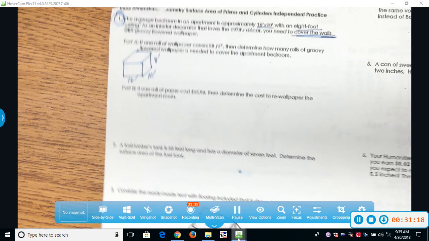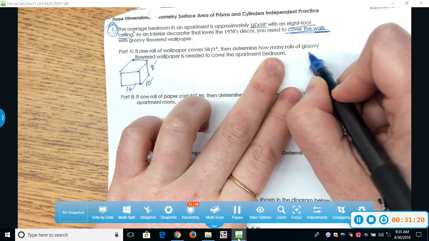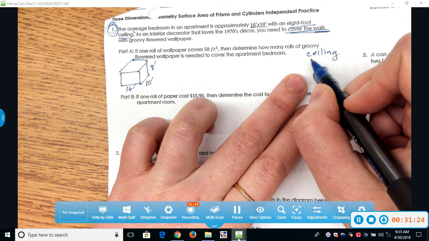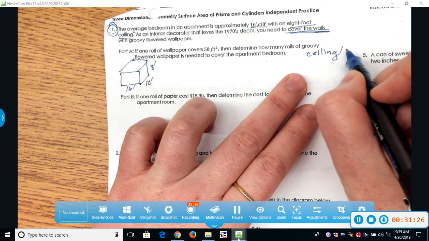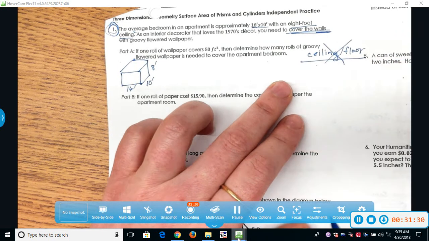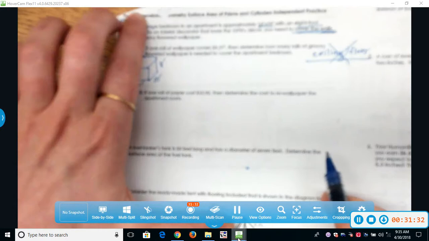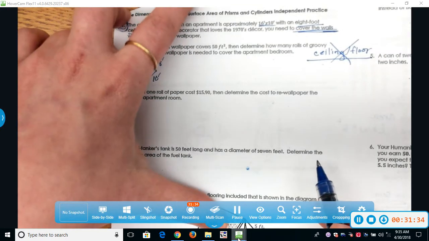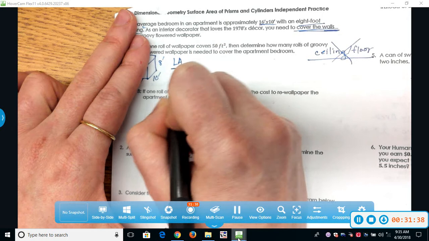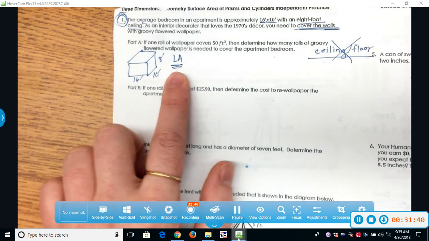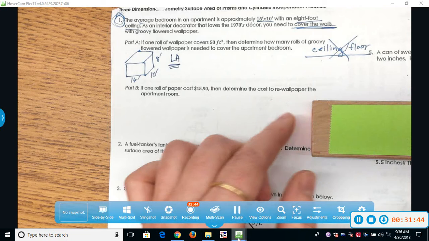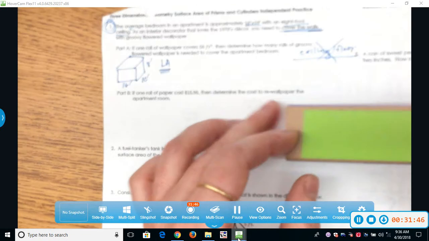So are we going to wallpaper the ceiling and the floor? When you wallpaper, do you wallpaper the ceiling and the floor? Yes. You could, but you're not. Most people don't, so we're going with what most people do. So what we're looking for here is lateral area. Lateral area, meaning the different sides, not the top and the bottom.